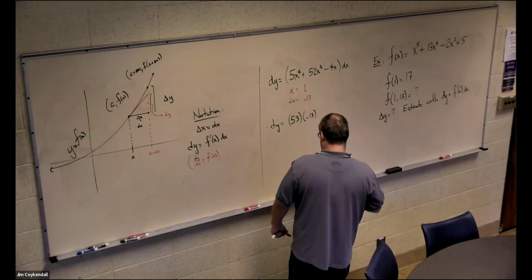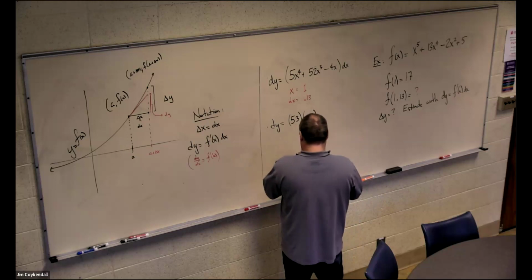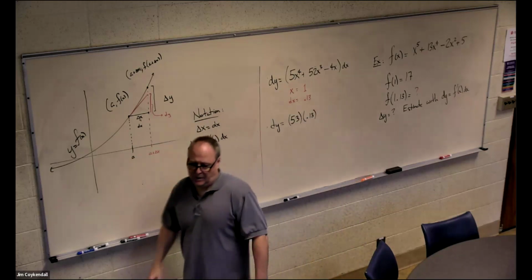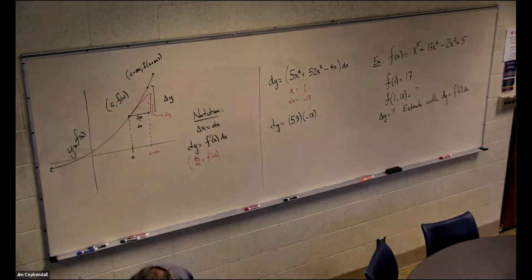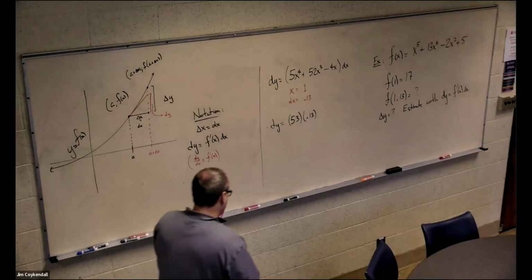Yeah, 0.6. Anyway, so let's see how good we are. I'm not convinced we're actually going to be too good on this one. Let's see if we can criticize. That's the case. 53 times 1.3. This estimates the change.